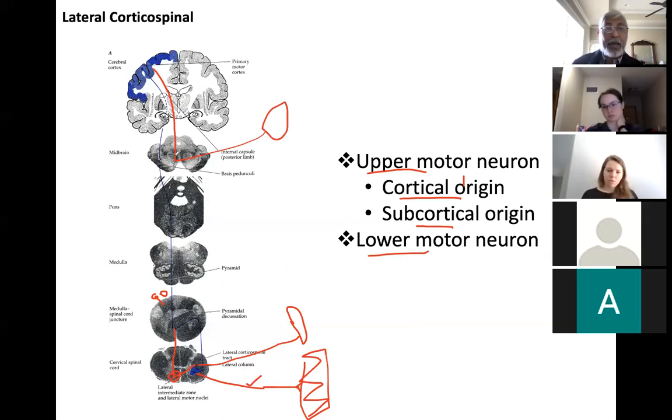So for them, if we say upper motor neuron, this is not the corticospinal, because they didn't come all the way to the spinal cord. They stayed within the brainstem. Do you know what parts form the brainstem? What are the parts of the brain that we call brainstem? Oh, that's important.